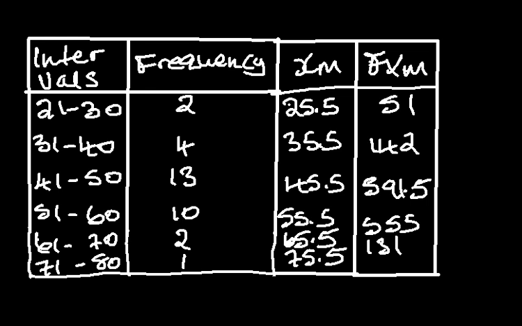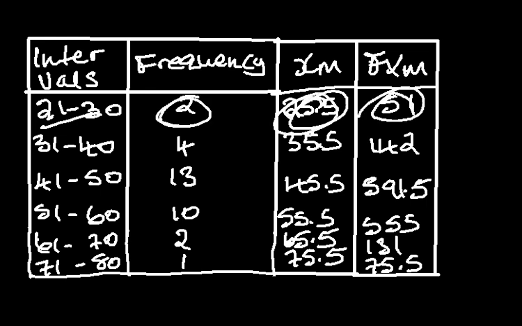And times 1, it is the same, 75.5. So that's how we fill in the table, where we calculate the midpoints of the class, times their respective frequencies. So this midpoint times the frequency, which is that, this midpoint times the frequency, which is that, until you finish them all.